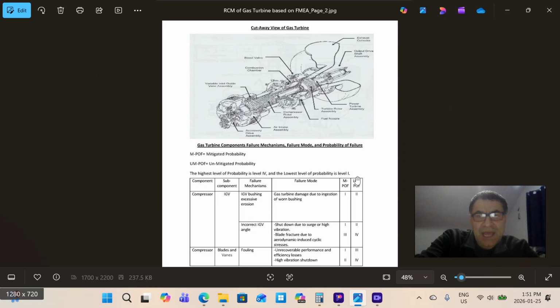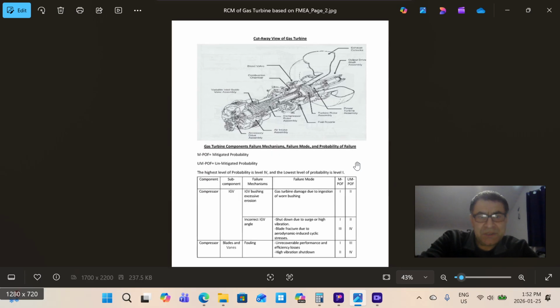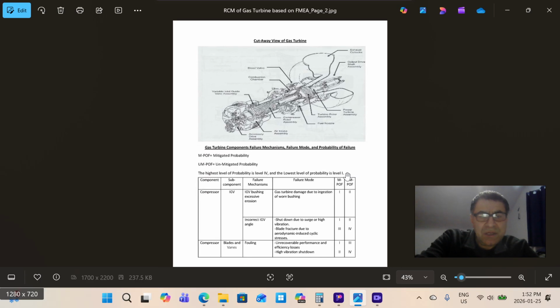We will review the mitigated probability or unmitigated probability. The highest level of the probability is 4, and the lowest is level 1.